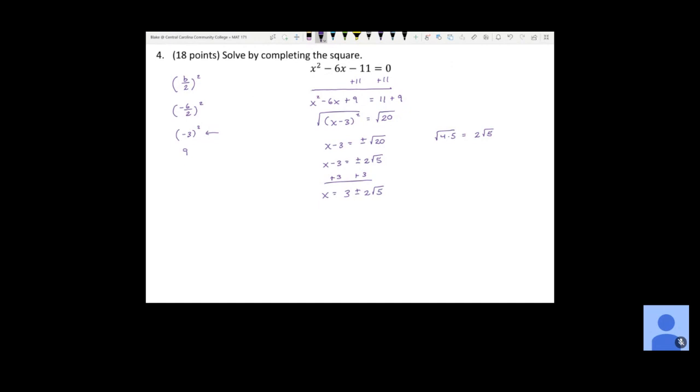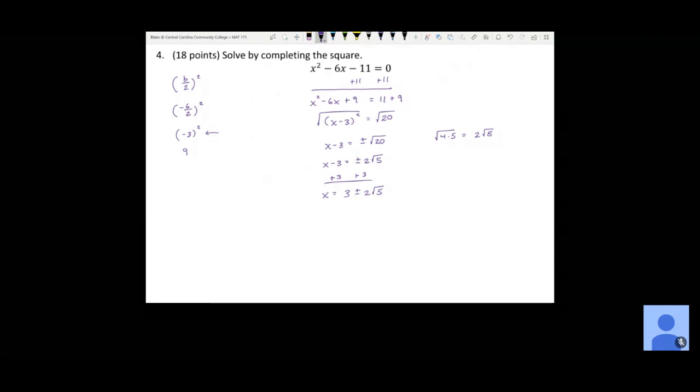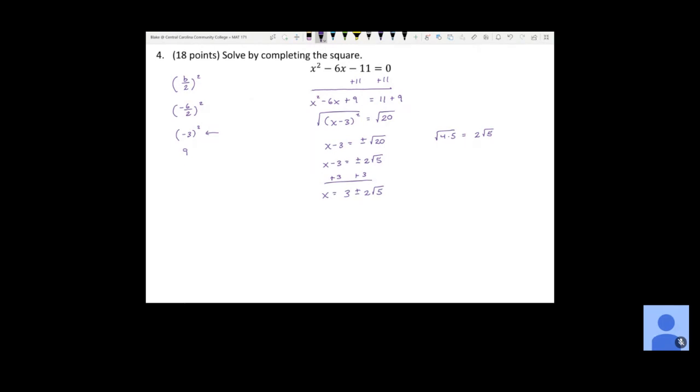But again, to get full credit, I need to see 2 square root of 5 in that one. Unless I tell you to round something, just assume I want exact values. And putting it in the calculator, you'd have to round it off. Any other questions there?